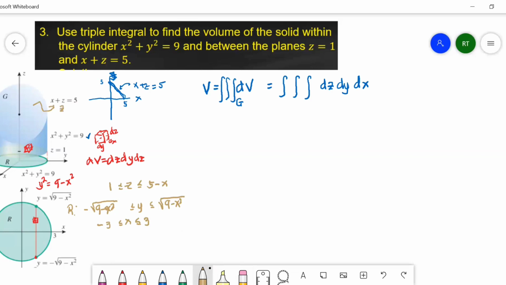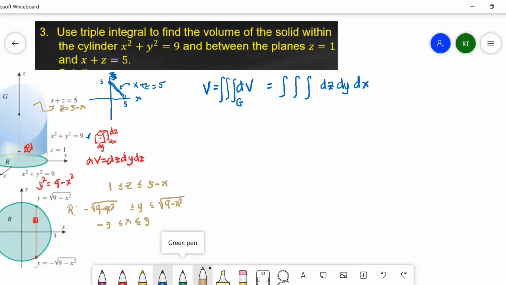So we will solve for z here. z is equal to 5 minus x. And the element will go from the lower base, z equal to 1, to the upper base, z equal to 5 minus x.